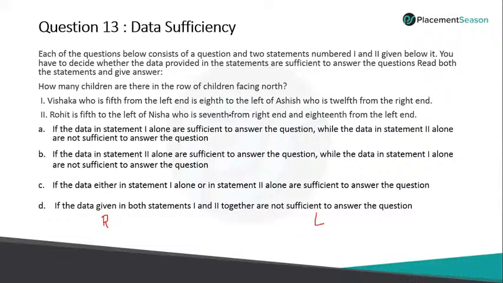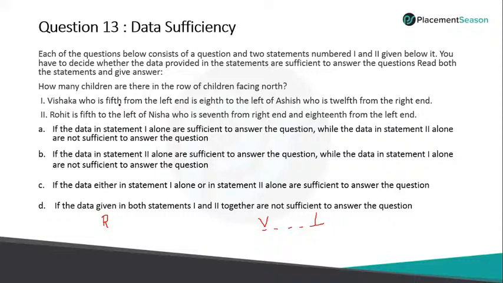If I'm able to get that, I'm able to get the answer. So first, Vishaka is fifth from the left end. From the left end, 1, 2, 3, 4, 5, the fifth position is Vishaka. I know how many persons are there till Vishaka from the left end. Now I need to find Vishaka to the right.